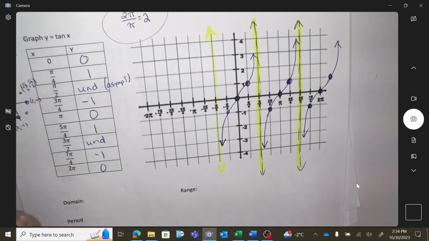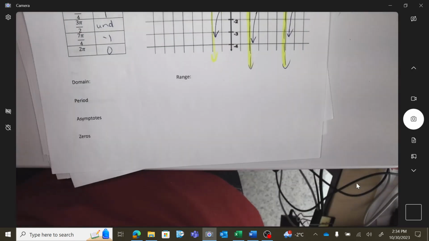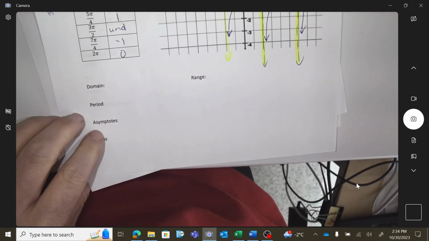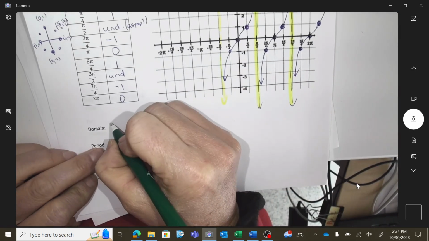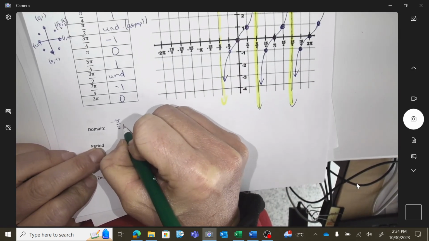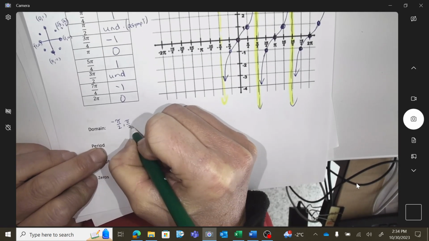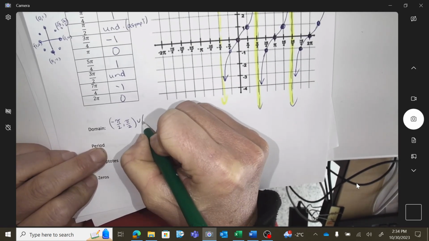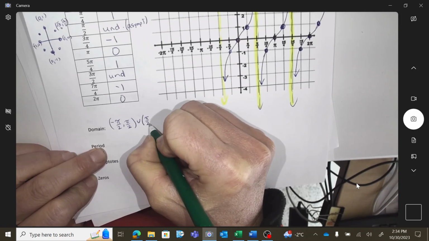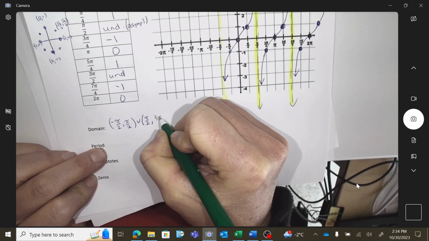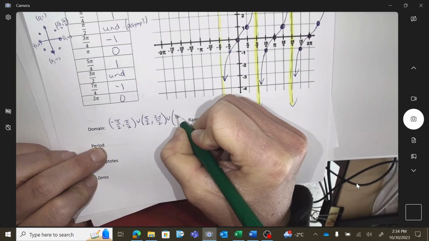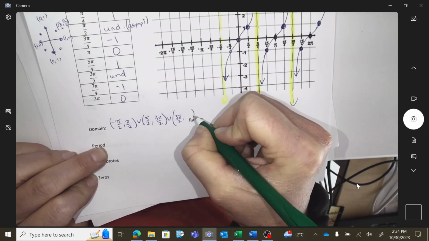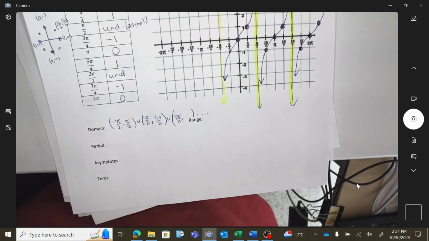Okay, so this one's a little bit different when we talk about domain and range. So for instance, it'd be from negative pi over 2 to pi over 2, union pi over 2 to 3 pi over 2, union 3 pi over 2, and it would kind of just go in that pattern, right?